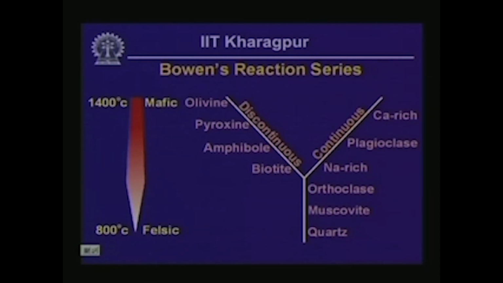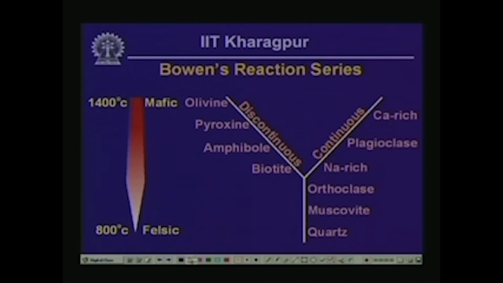Is still used in getting insight about the rock forming processes. What Bowen proposed was the fact that minerals actually change their characters as the temperature comes down, and there are two classes of minerals, one along the discontinuous series shown on the left here.